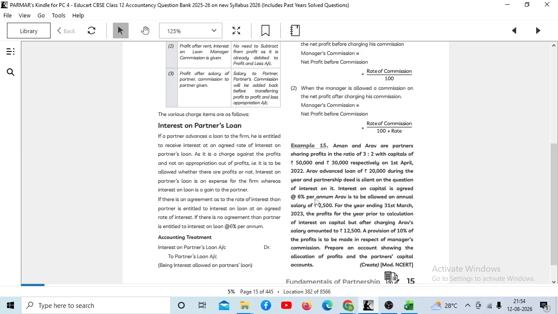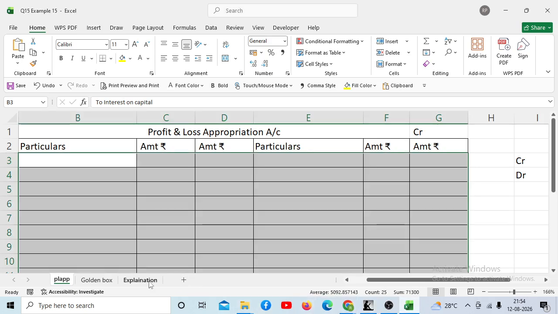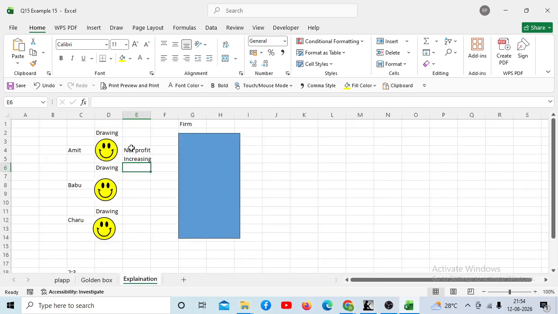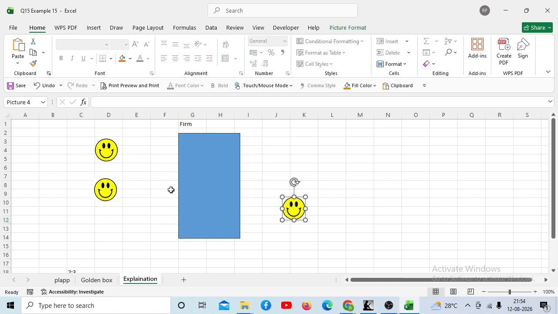Now tell me, interest on capital for the firm, whether it is expense or income. Expense, right? So can I say the expense is increasing? So what is your golden box telling? If expense is increasing, it will be written on the debit side.